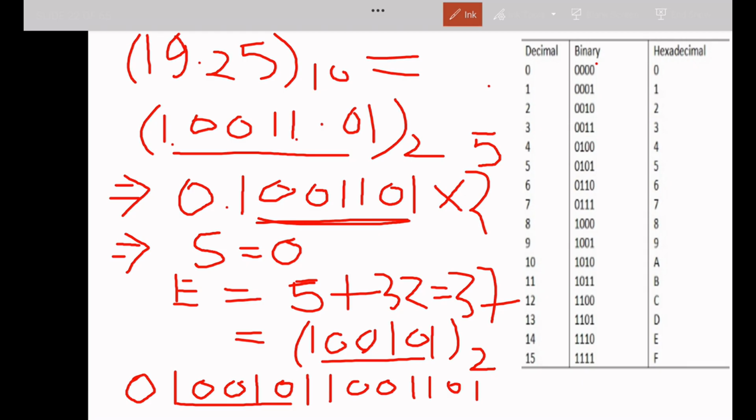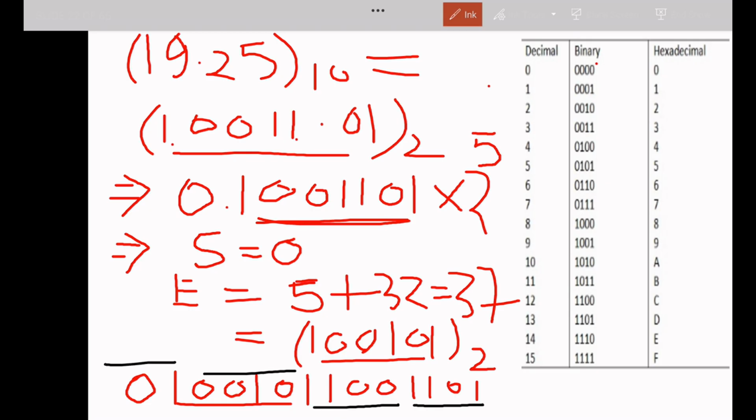Once you complete all the parts, what will you do? After that I will take 4 bits, 1 2 3 4 bits. Similarly I will take the next 4 bits. There is nothing, so I am writing 0 0 0 1.